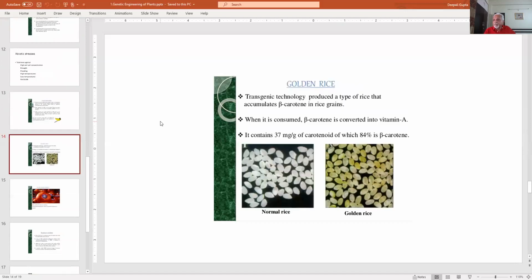Now, if you see, rice is the staple food for 60-70% of the world population.